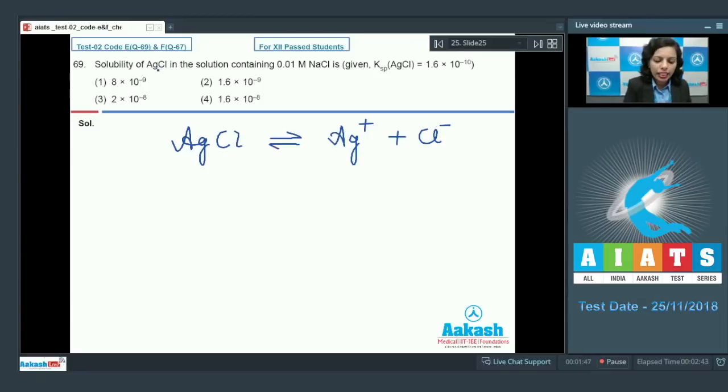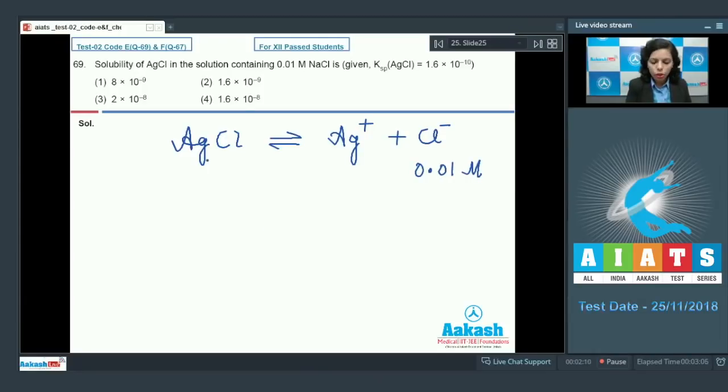We know that this AgCl, when mixed with NaCl solution, due to the common ion effect, the main source of chloride ion is this sodium chloride. And the concentration of this sodium chloride is given, that is 0.01 molar, and that is why the concentration of chloride ion is 0.01 molar.